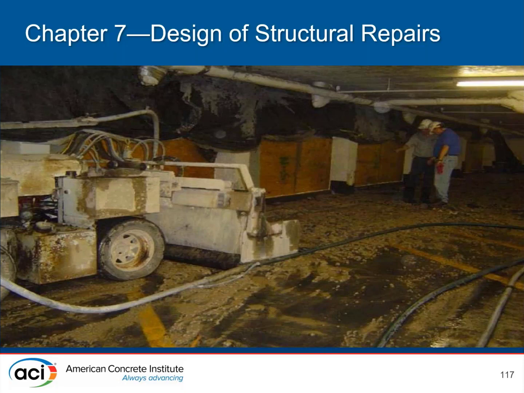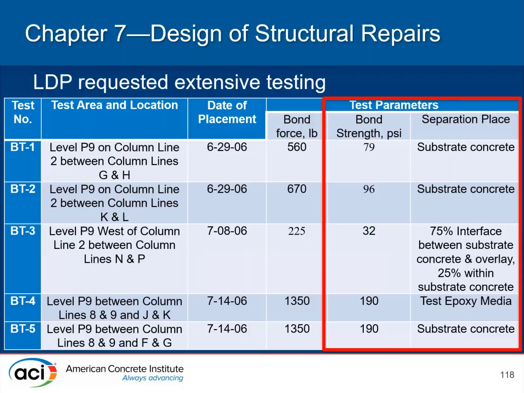This is a picture of the project. During the project, the LDP required testing and noticed variability with regards to the bond strength. Some bond strengths were significantly lower, some failing in the substrate, which potentially gives concern about whether there's still deteriorated concrete in the substrate.